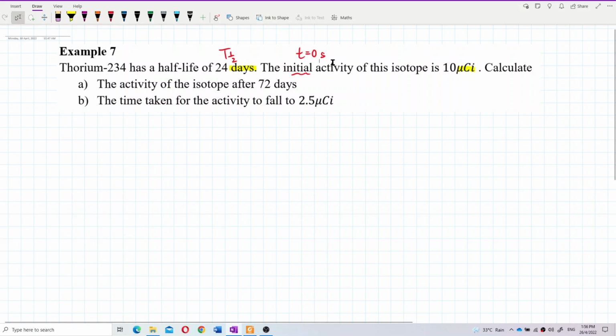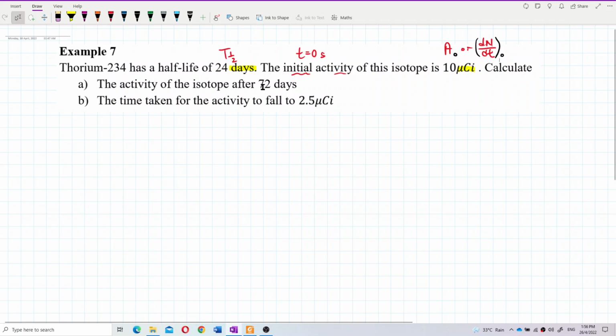Activity means A, or you can write this as dN/dt. You can put dN/dt or A, but since this one is the initial activity, you should put A naught, or dN/dt naught, that means activity at 0 second.